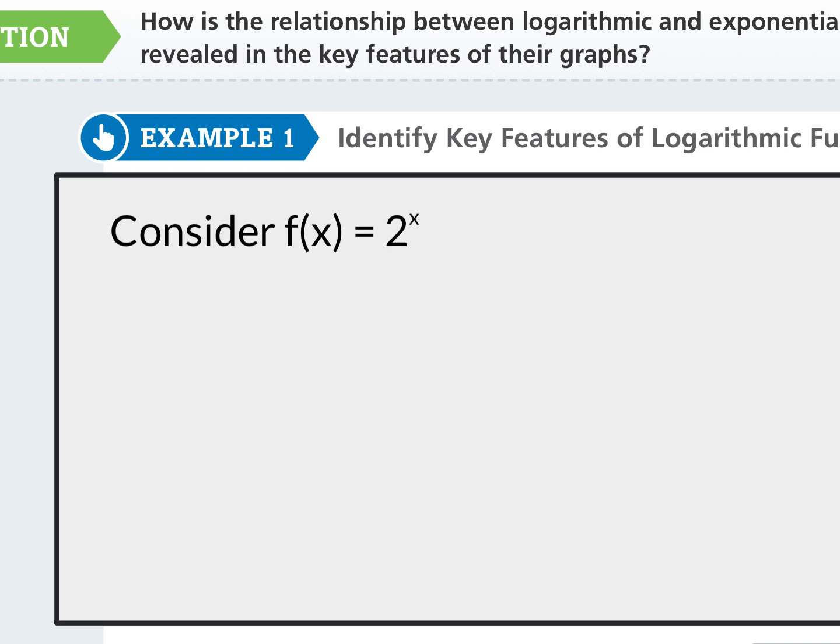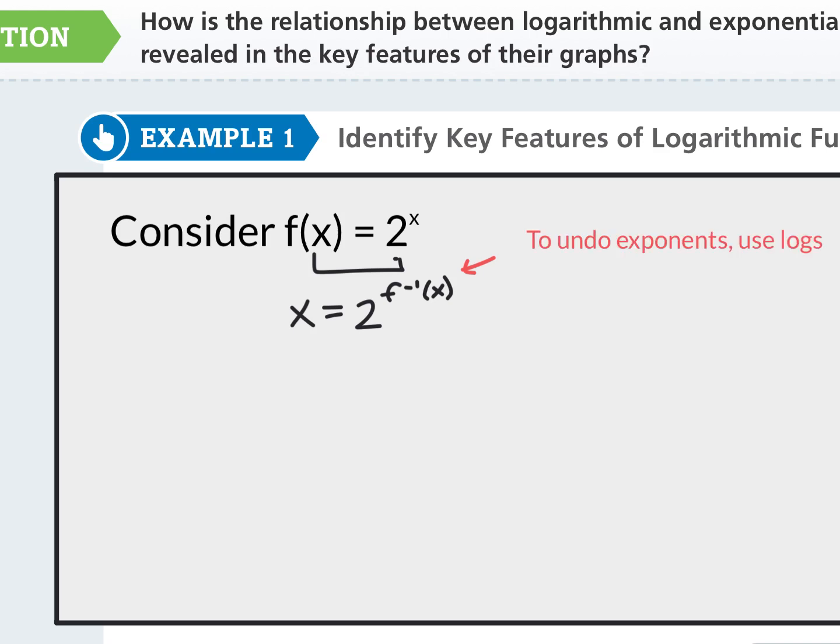And to find the inverse, remember the first thing I'm going to do is switch where my two things are. So this is going to say x equals 2 to the inverse. Now this is weird because what I'm looking for is stuck up here as an exponent. So because this is stuck, I'm going to need to undo that. And remember, to undo exponents, we use logs.